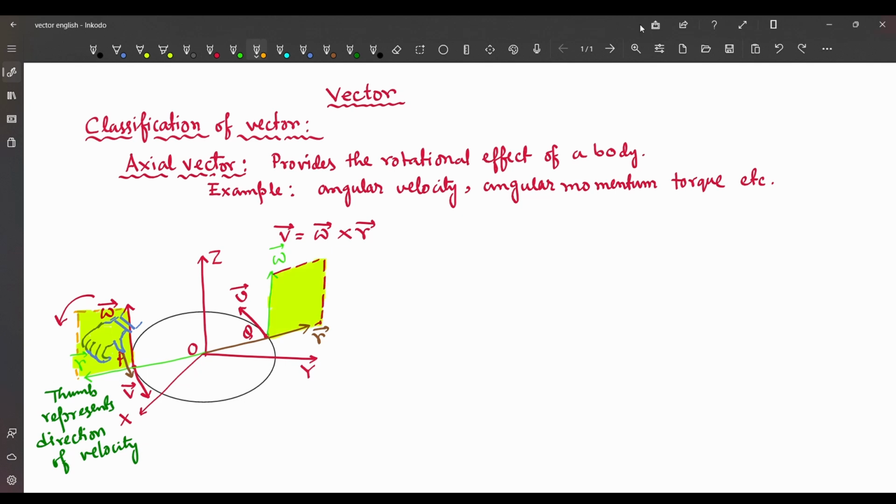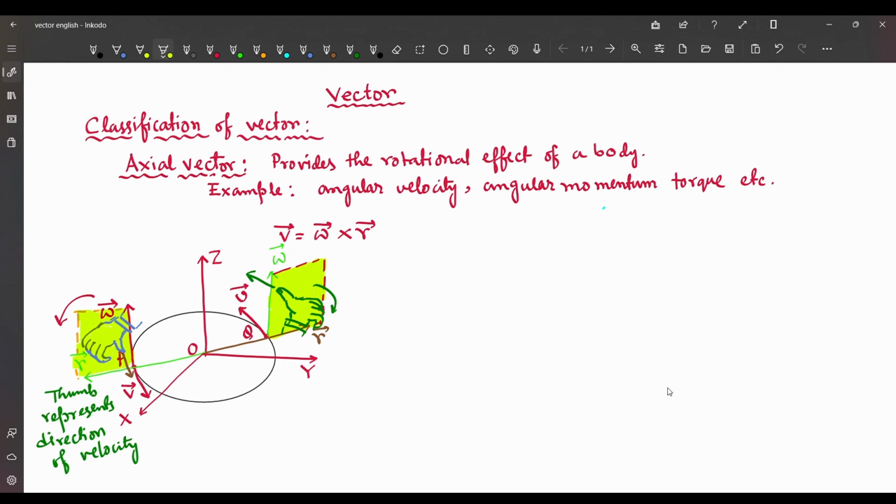Place your right hand on that plane. Rotate the finger from omega to R, that is clockwise direction, and thumb represents the direction of velocity V.